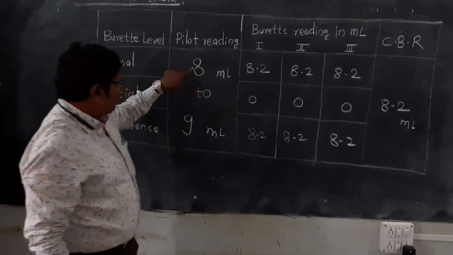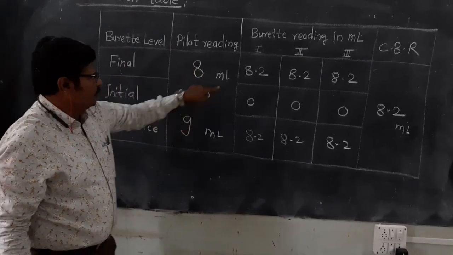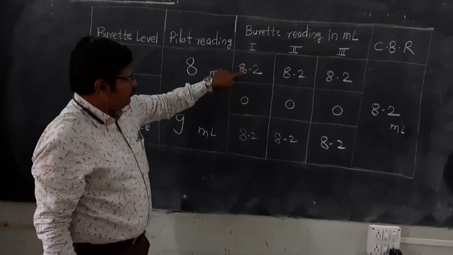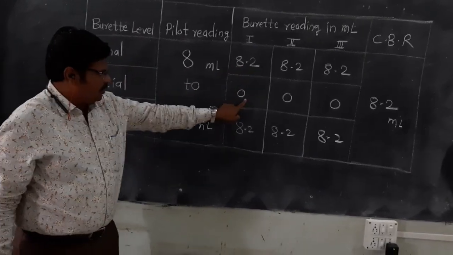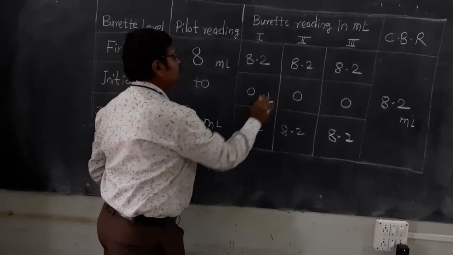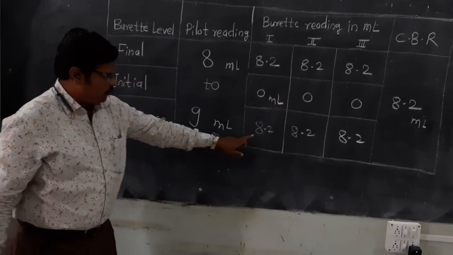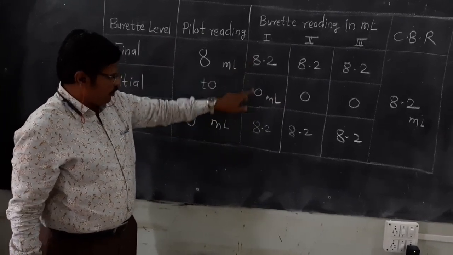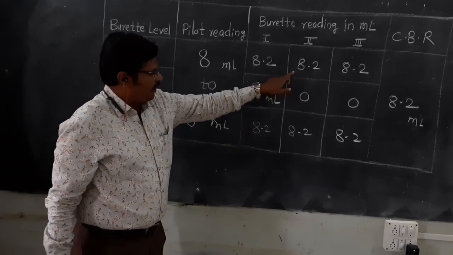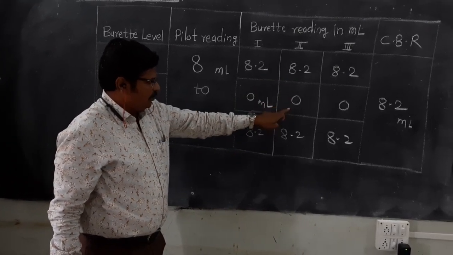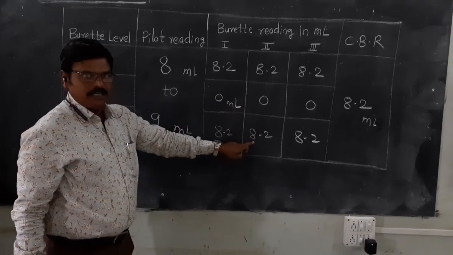This is our pilot reading, 8 to 9 ml. Then first fine reading 8.2, initial 0 ml, and the difference is 8.2. Second fine reading 8.2, initial 0, difference 8.2.